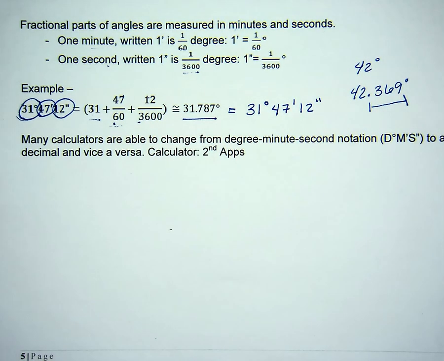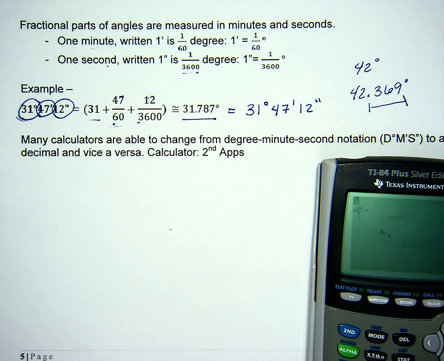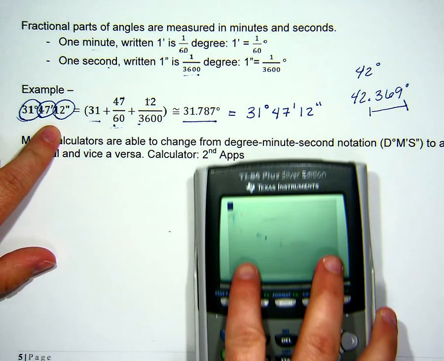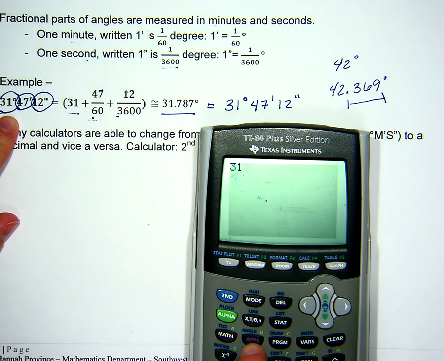Your calculator will actually do this transformation for you, but we have to know how to put it into our calculators. Let's say that I want to change this into its decimal form. I'm going to put the 31, and then, right above the APPS button, there's the word angle.